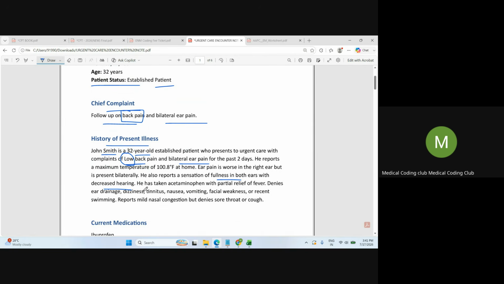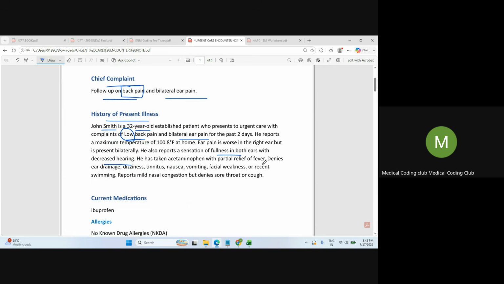Decreased hearing means he is not able to hear properly. Why? Because the provider will examine and identify the cause, which we will see in the later portion. Then he denies ear drainage, dizziness, nausea, vomiting.